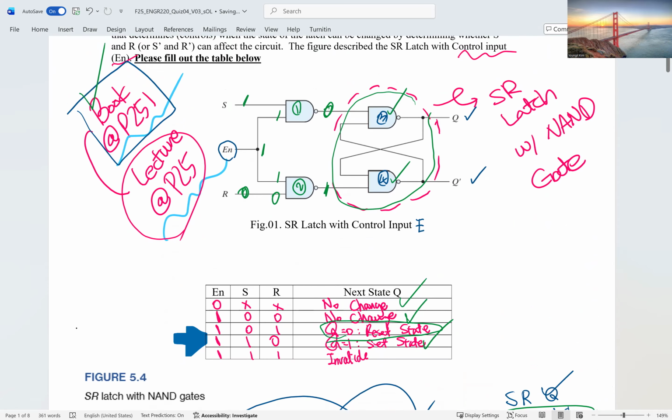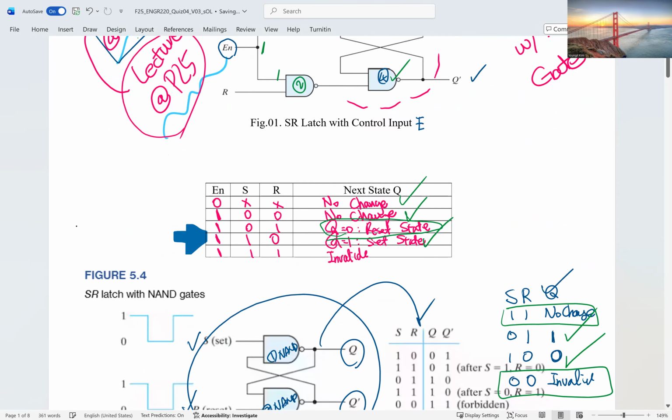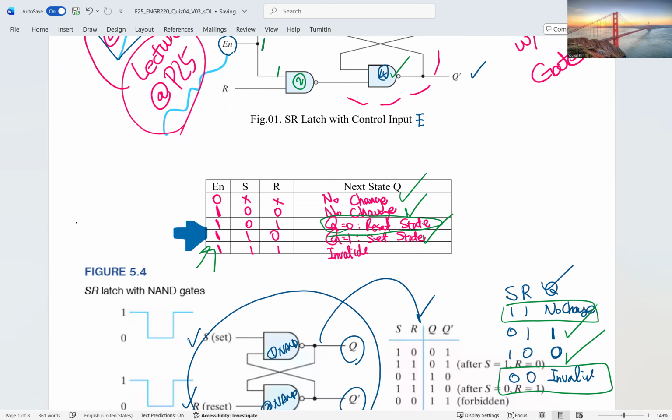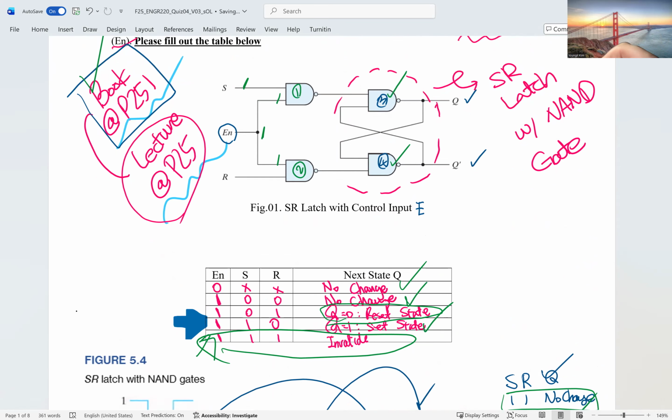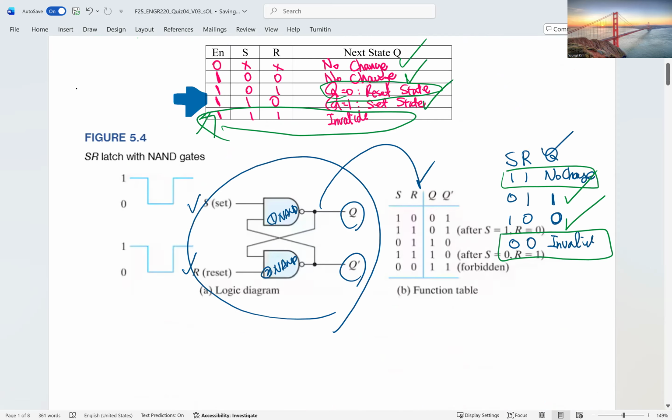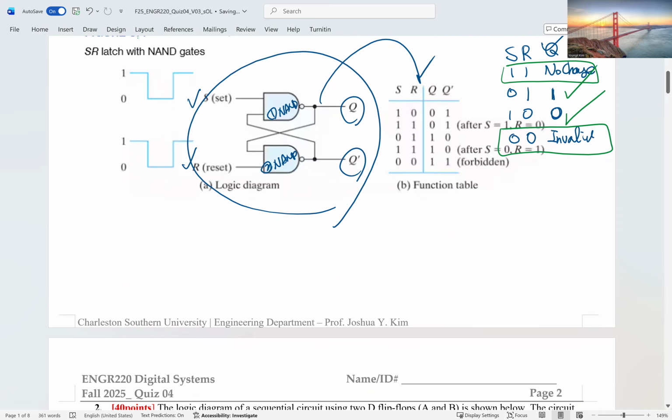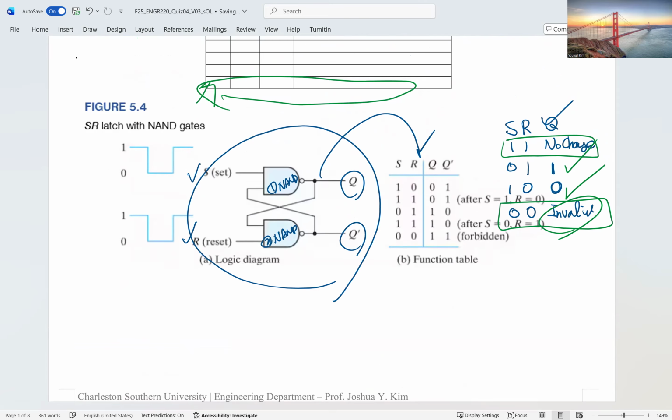Now, the last one here. This is the 1, 1, 1. Right here. Just give me a second. Okay, S 1, EN 1, 1, 1, 1, 1, 0, 1, 1, 0. So 0, 0 is what? The invalid.